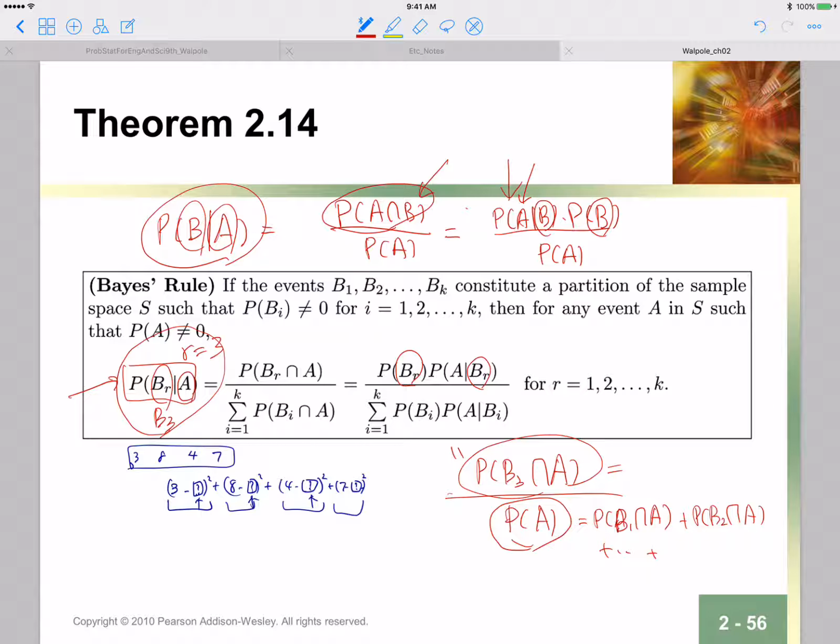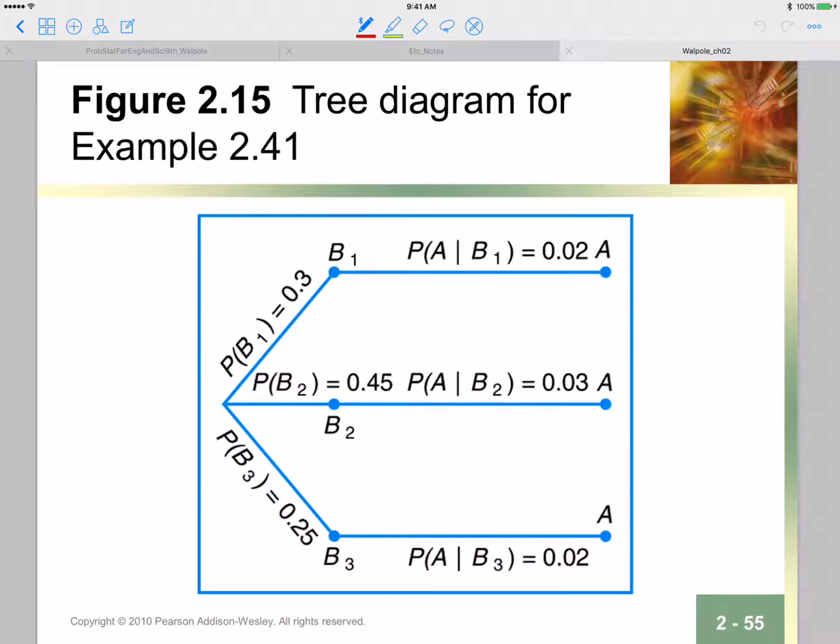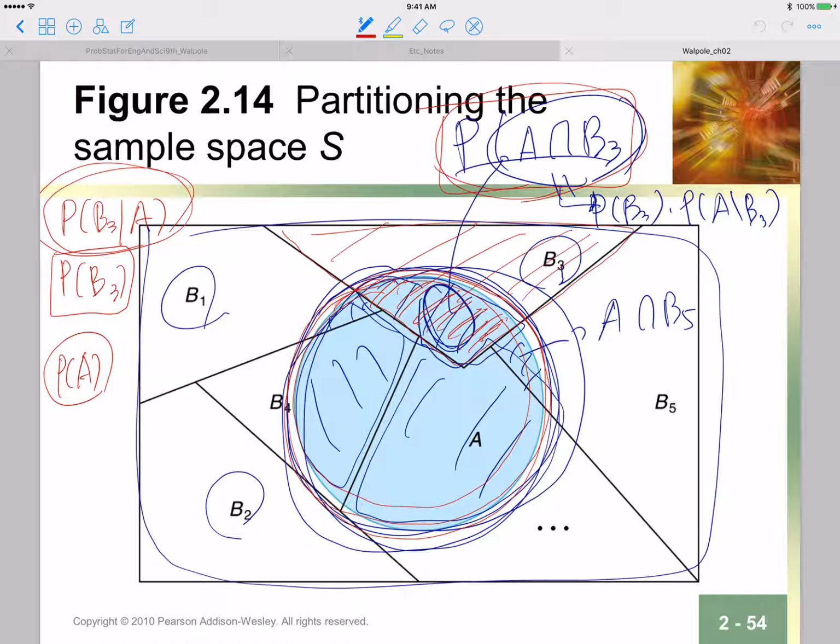Okay, so in that way we can compute this P of A. Writing this guy into this form can be understood from this figure.